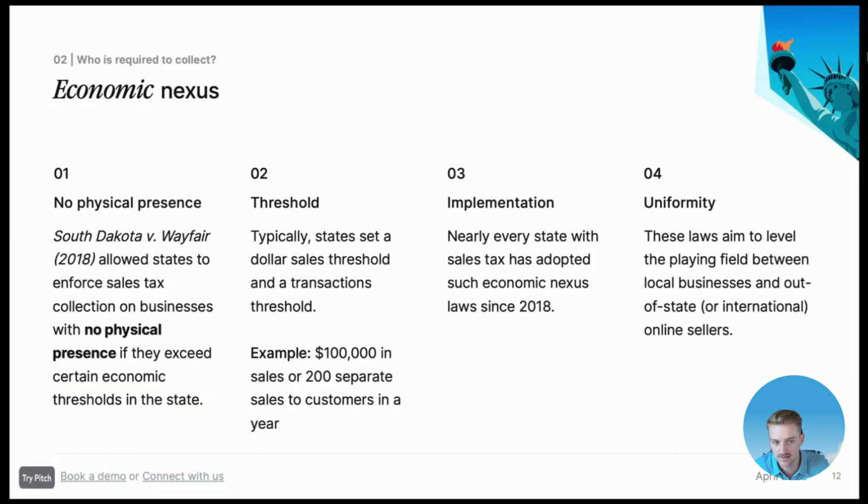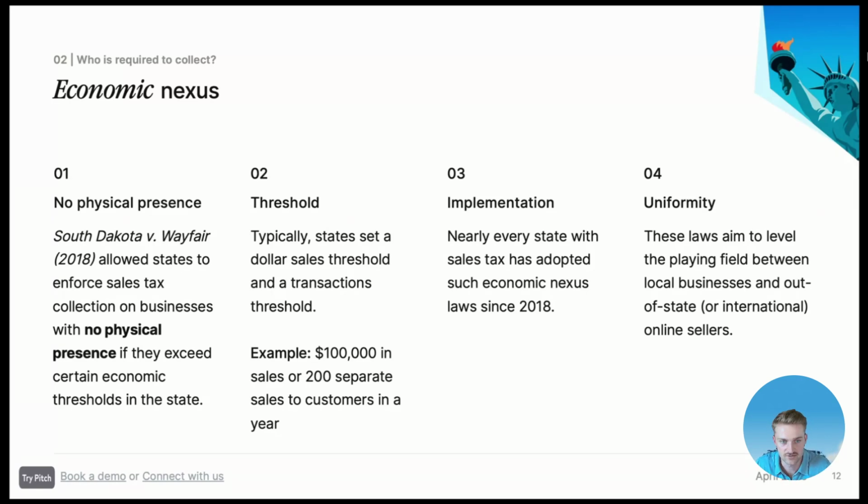In most states, that threshold is $100,000 in sales or 200 separate transactions, but it varies state by state. In New York, for example, the threshold is $500,000 in sales and 200 individual transactions. You have to exceed both of those thresholds independently to have this obligation to get registered.